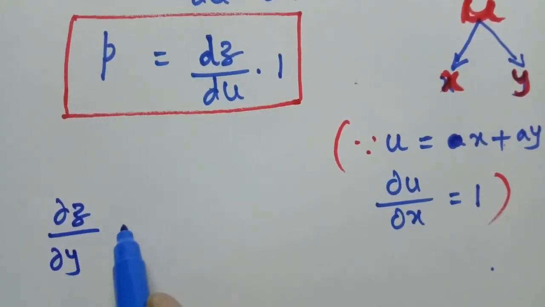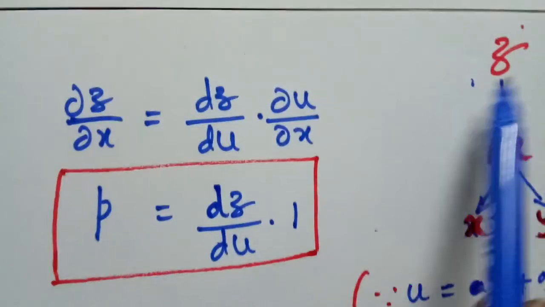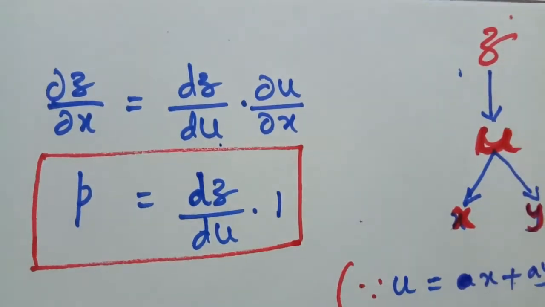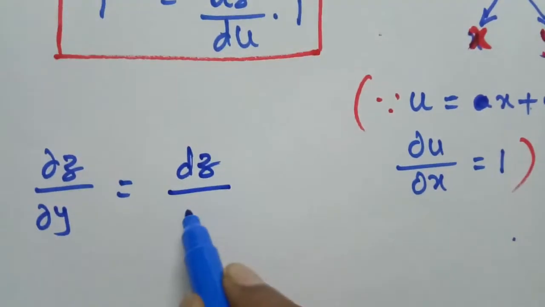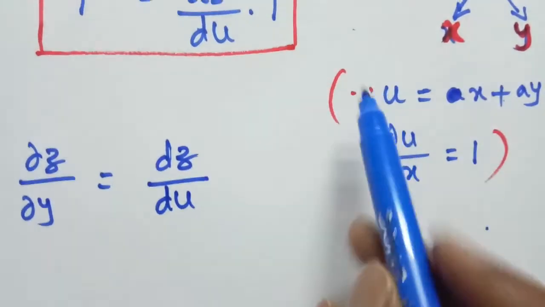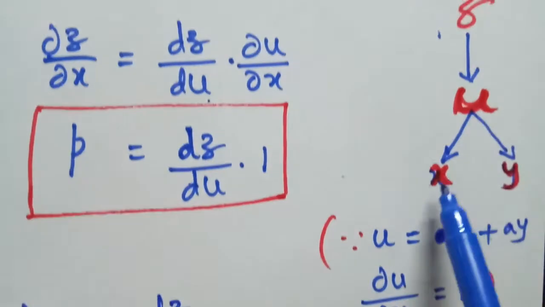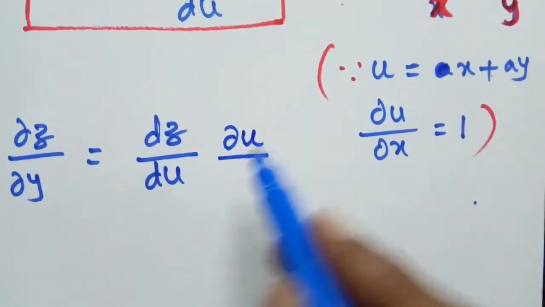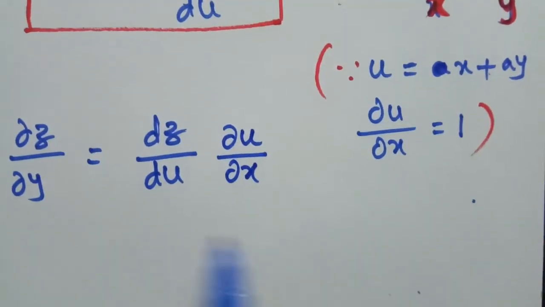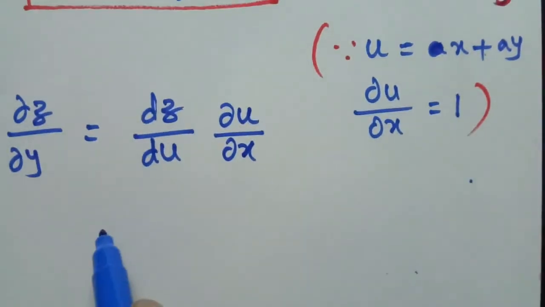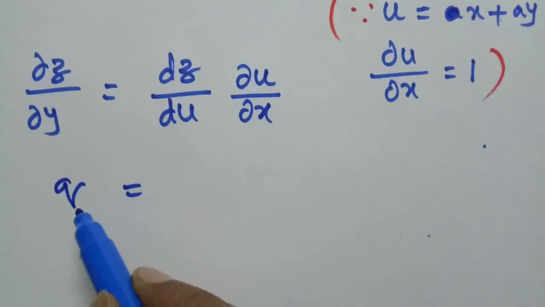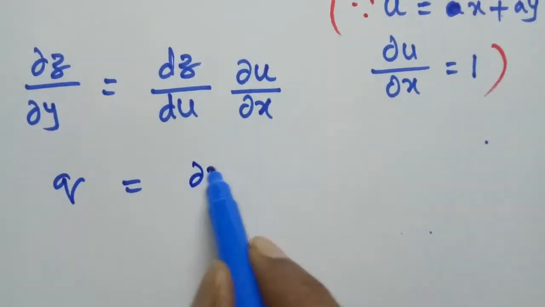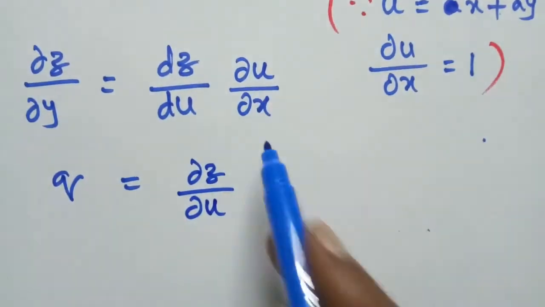Next, partially differentiating z with respect to y, dou z by dou y is equal to, as explained in the previous case, z is a function of u only, therefore dz by du, and u is a function of x and y, so by the chain rule, function of function derivative, dou z by dou y is denoted by q, equal to dz by du into dou u by dou y.